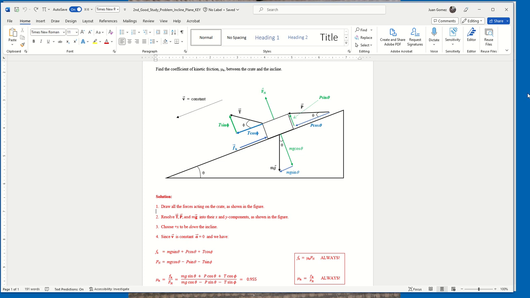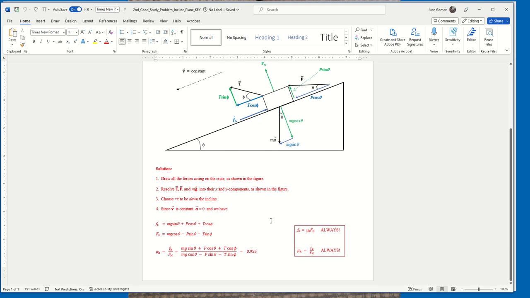So Fn plus P sine theta plus T sine phi must equal mg cosine theta. Because I want to cut right to the chase, I want the fraction Fk over Fn. Well, that means Fn must equal mg cosine theta minus P sine theta minus T sine phi. Just make sure you understand why I have those two equations respectively for Fk and Fn.